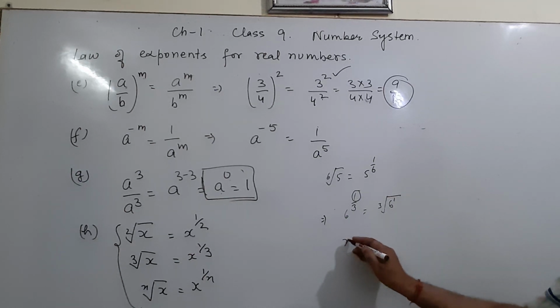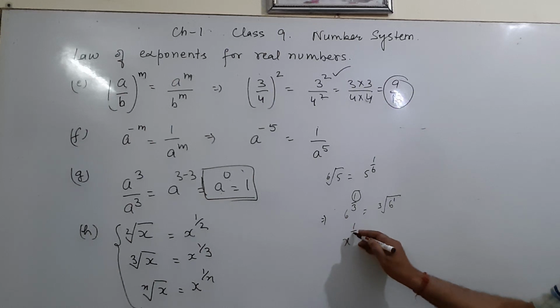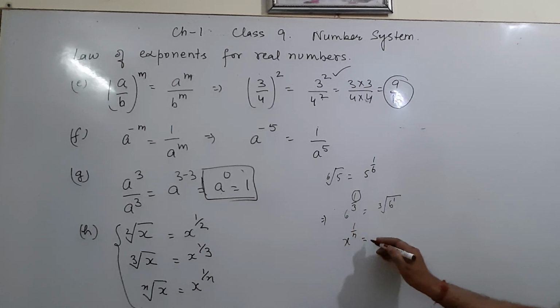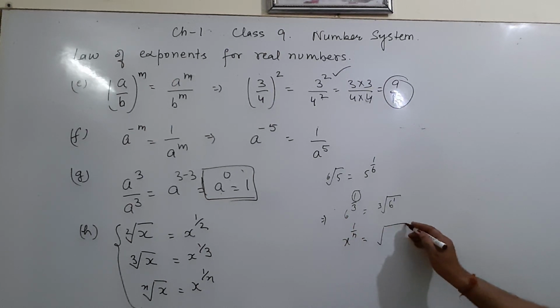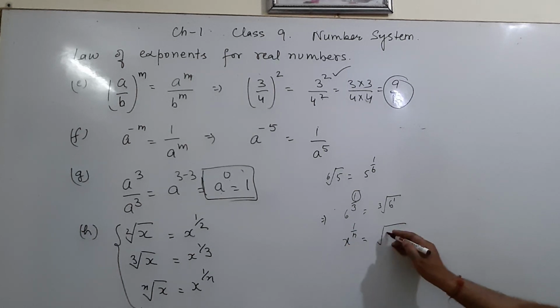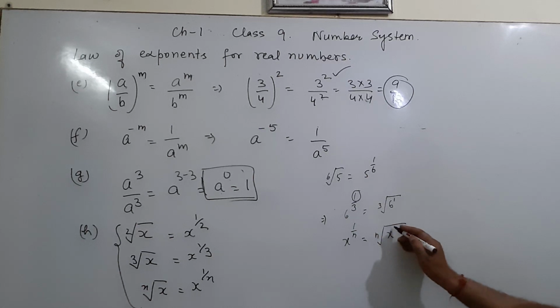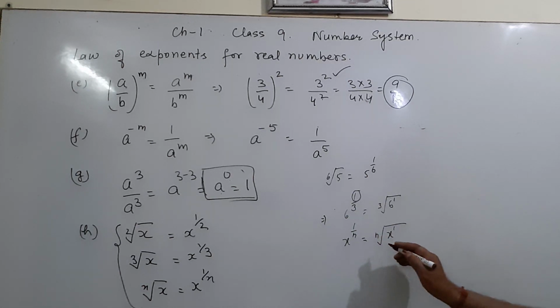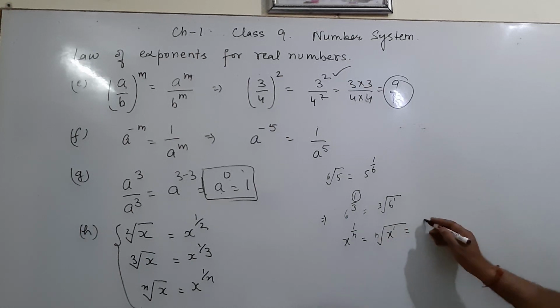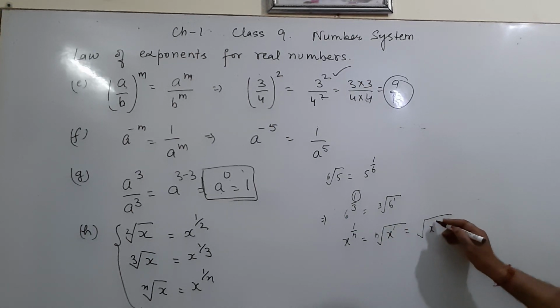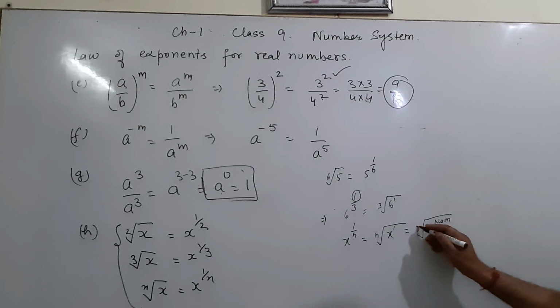If I ask x power 1 by n, it will be in square root, here will be x, here is the denominator and here is the numerator. Is it clear?